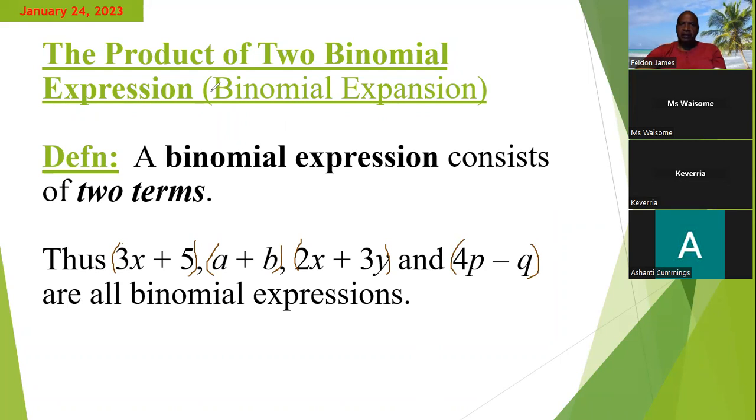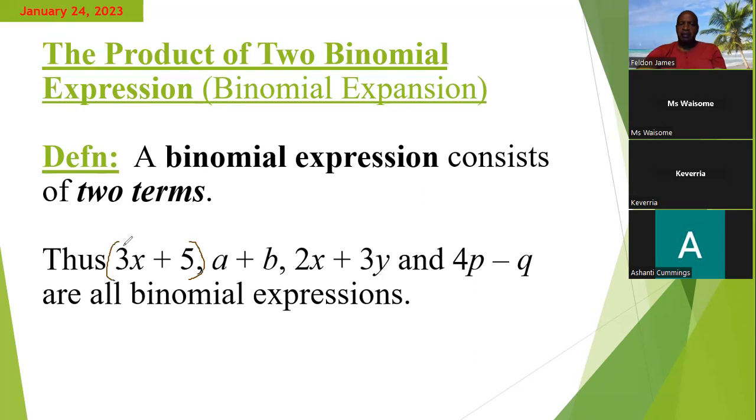Now, when we're thinking about the product, it means that we're going to be multiplying one binomial expression by another binomial expression. Generally, if we are to find the products of expressions, we will put the expressions in brackets, right? By putting the expressions in brackets, we treat the expression as a single unit, all right?